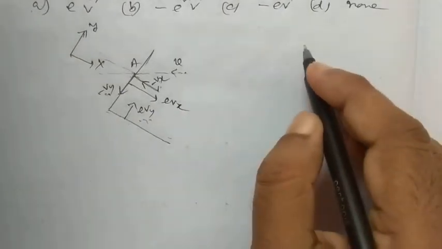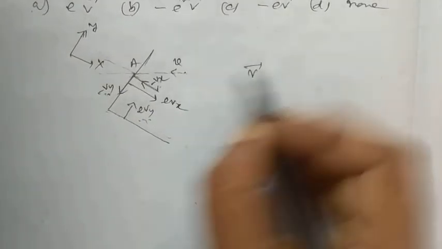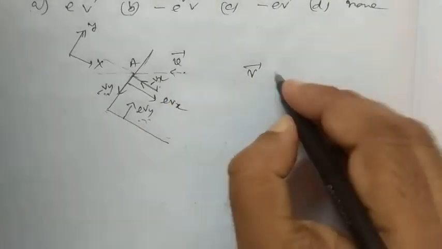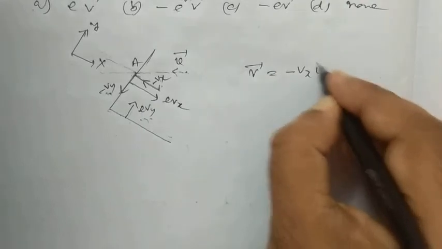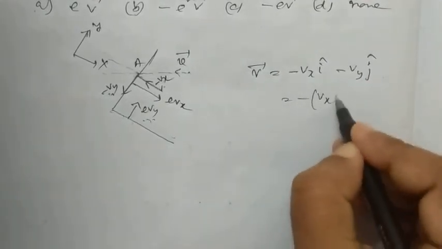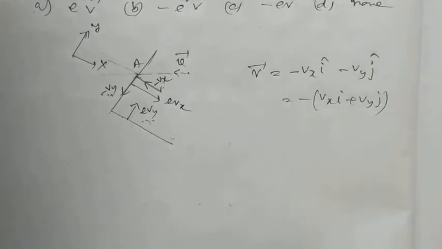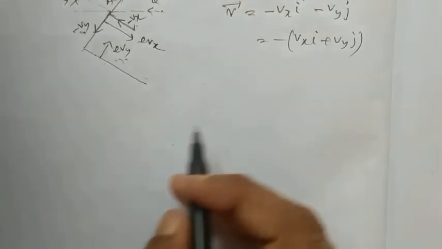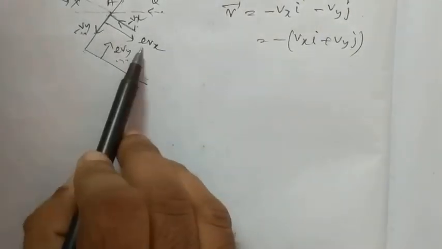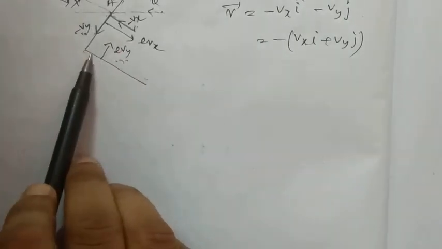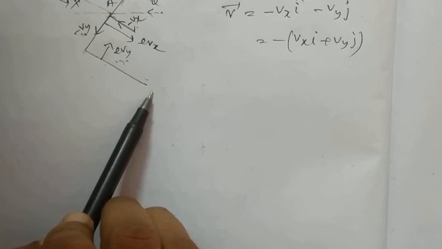So we can write the original velocity vector V as minus Vx i minus Vy j. So we can take minus common, Vx i plus Vy j. After collision, it moves along the positive x direction as eVx, and the minus Vy component strikes the side B and becomes plus eVy after collision.